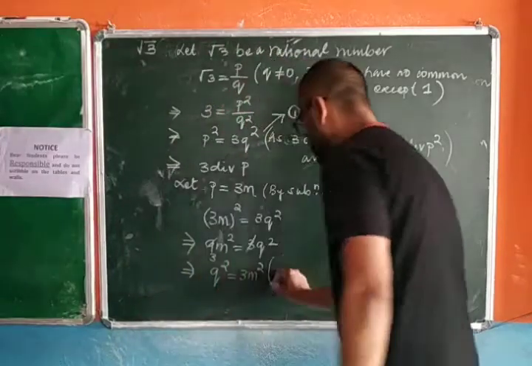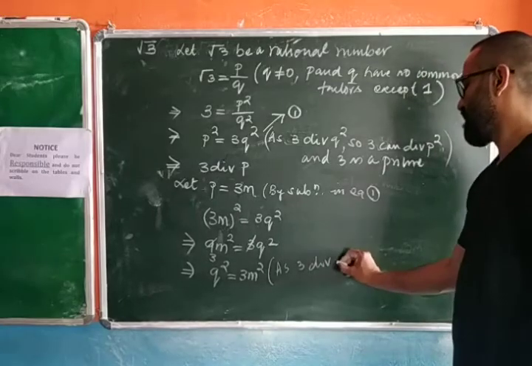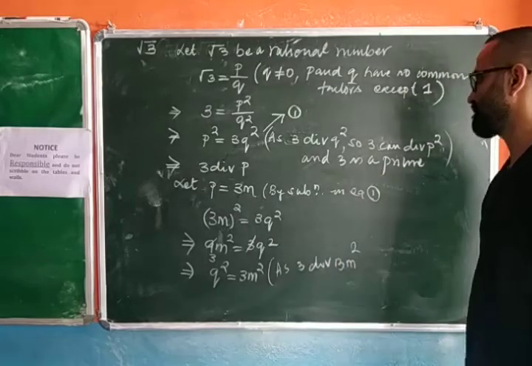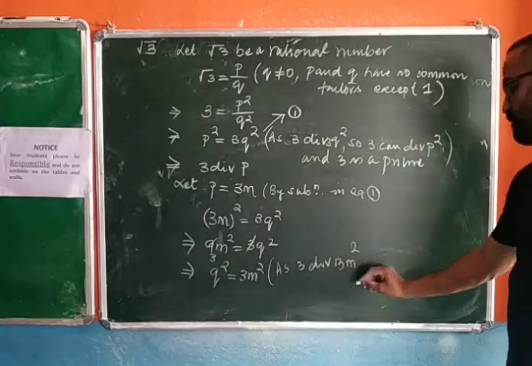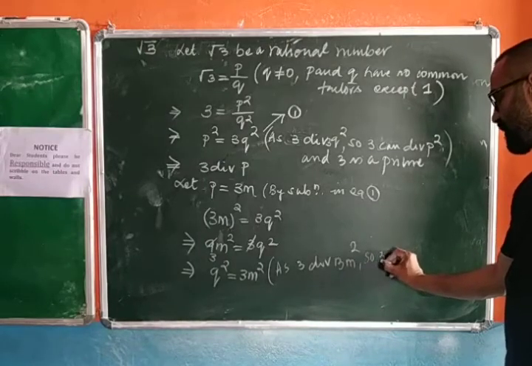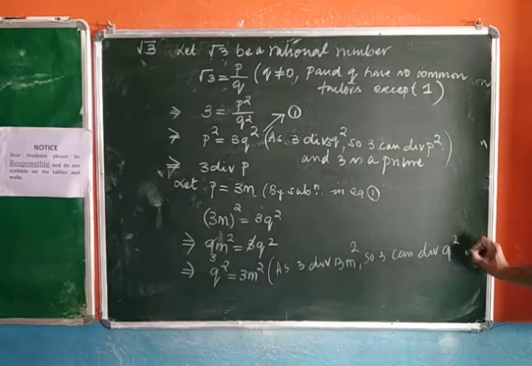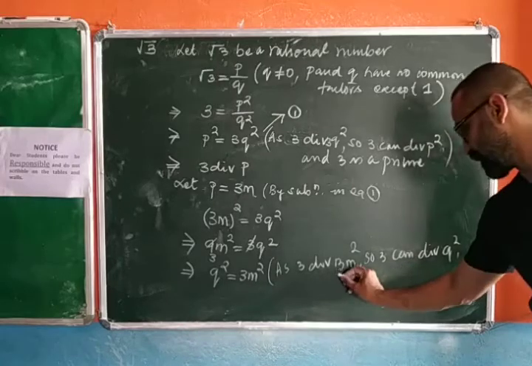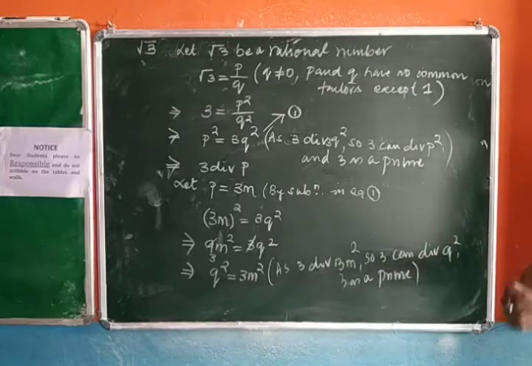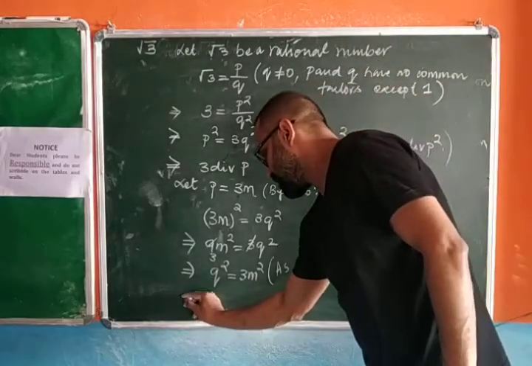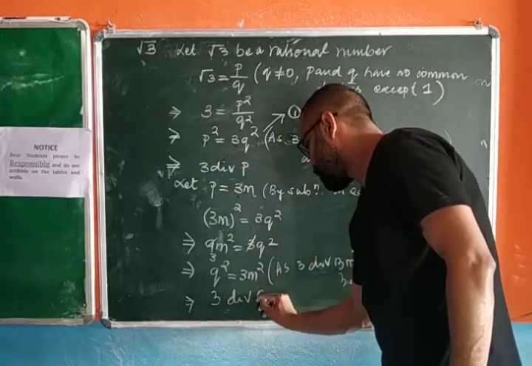Same statement now: 3 divides 3n square. I forgot to write 3q square over there. So 3 can divide q square as well. 3 is a prime number, which implies that 3 divides q.